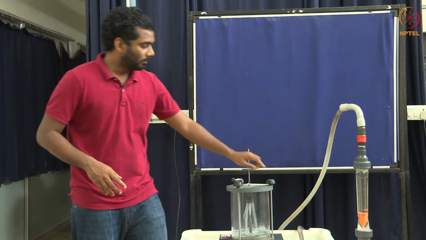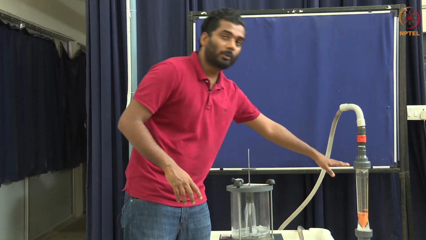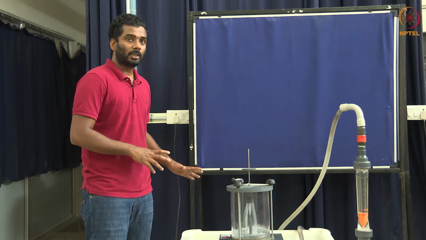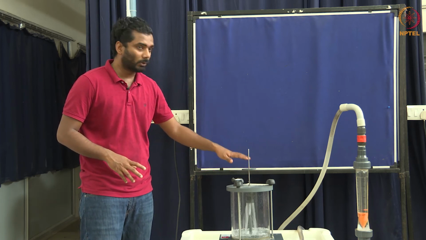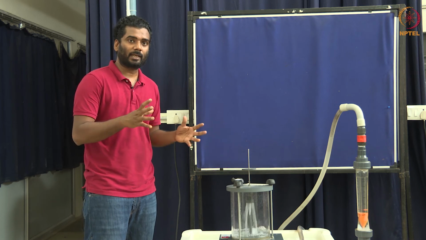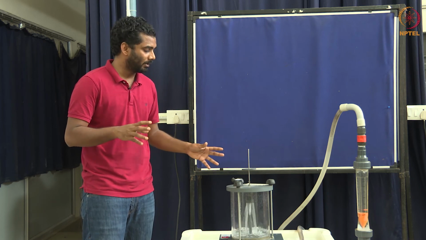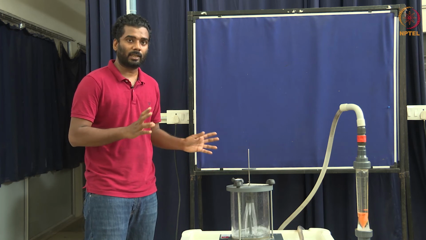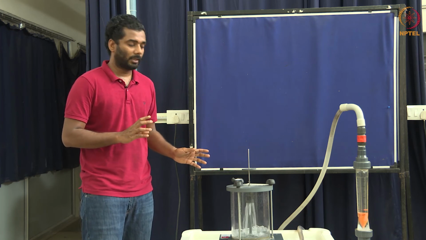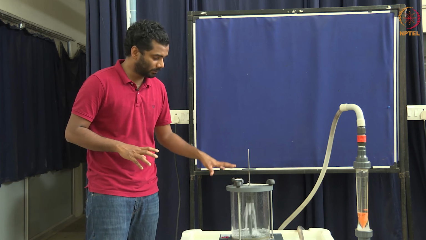From the flow rate we will be able to calculate the theoretical force, and from the known masses we will counterbalance it. So we will get a comparison between the theoretical and the experimental value, and then we can find out the water force.